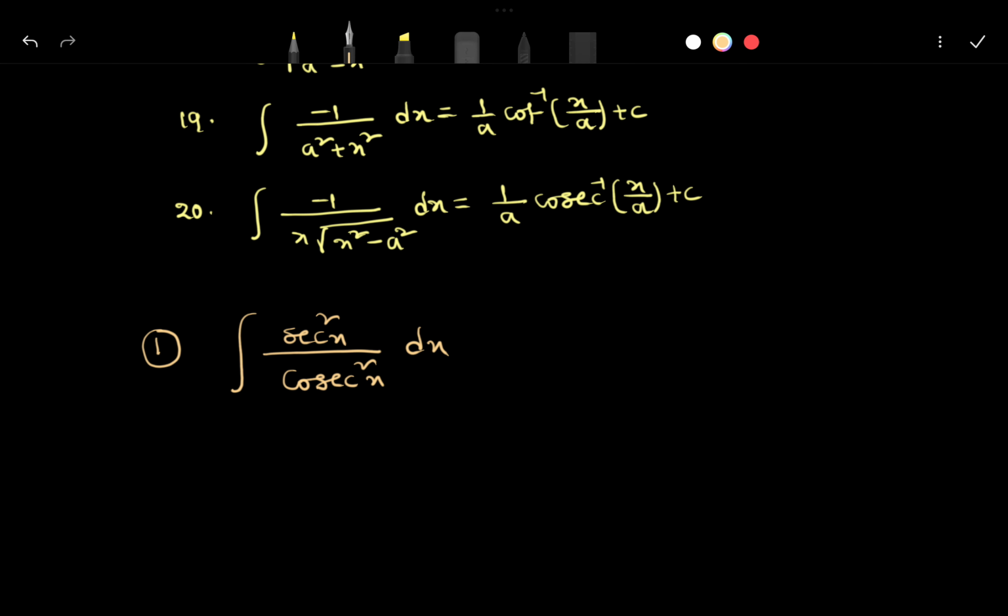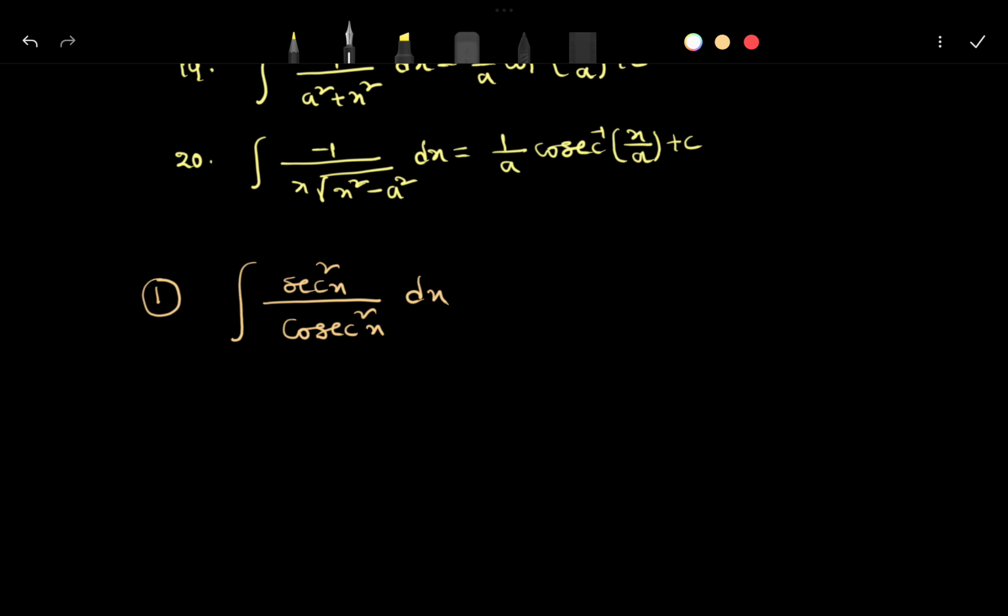Before going to the problems, first everybody should thoroughly go through all the standard formulas in integration. How can we do this one? The secant square x can be written as 1 by cos square x, divided by cosecant square x, which is 1 by sin square x, into dx.